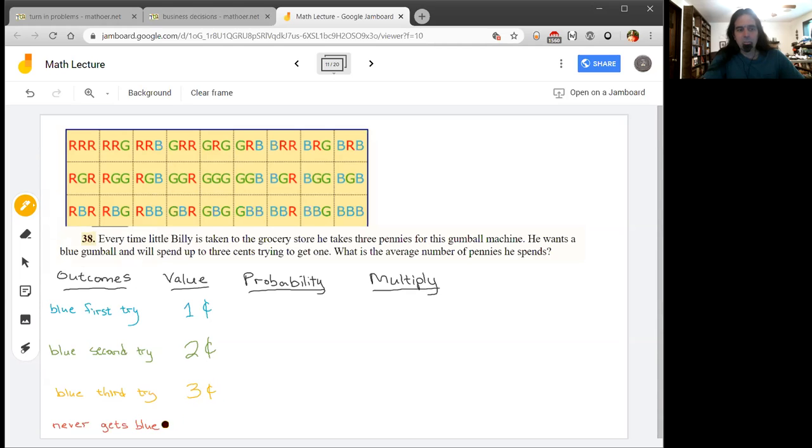If he never gets a blue, what number goes here? Three. It's still 3 cents, right? He only has 3 pennies. So once he spends all 3 of his pennies, he's out of luck if he hasn't gotten the blue.